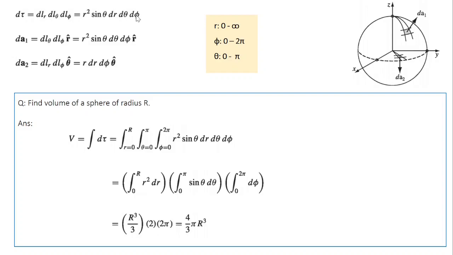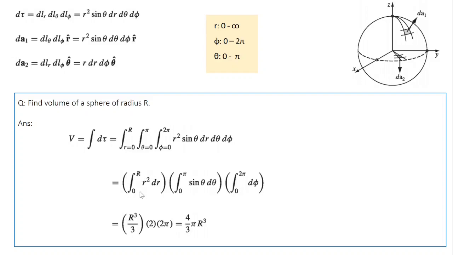This is a triple integral. You have integration with respect to r, theta and phi. Let's apply the limits for the coordinates. R changes from 0 to capital R because this is the radius of the sphere given. Theta varies from 0 to pi and phi varies from 0 to 2 pi. Let's segregate the terms now.